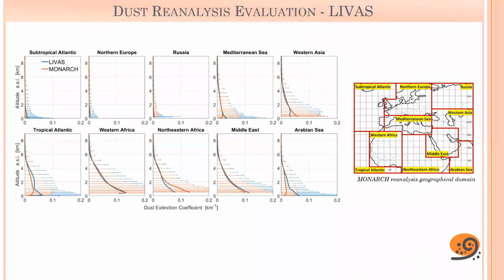On the other hand, the model overestimates the dust extinction coefficient up to 3 km in northeastern Africa, whereas the comparison over the dust transport regions of tropical Atlantic and Arabian Sea showed a clear underestimation of the dust extinction coefficient along the entire profile.